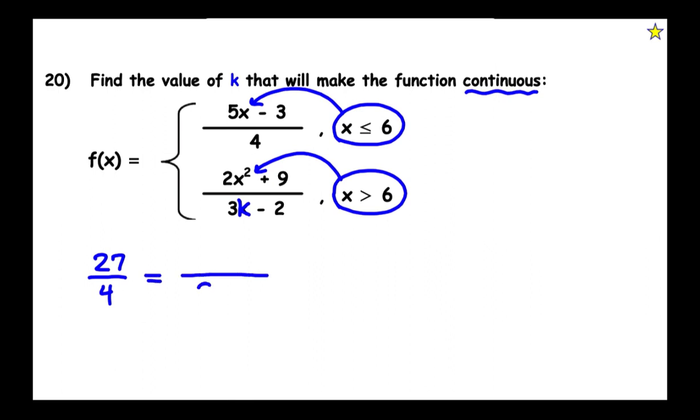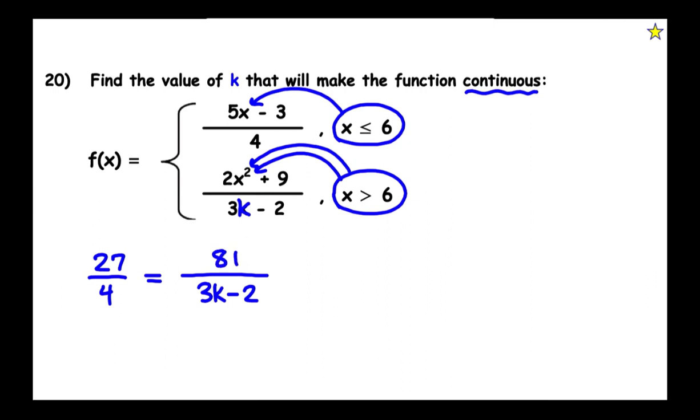Again, I still have the 3k minus 2 in the denominator because I don't know what k is. If I knew what k was, I wouldn't be doing this problem. Plugging the x equals 6, I realize there's no equal to, but I'm doing it anyway. Plugging the x equals 6 in, we'll get 6 squared, that's 36 times 2, that's going to be 72 plus 9, that's 81.